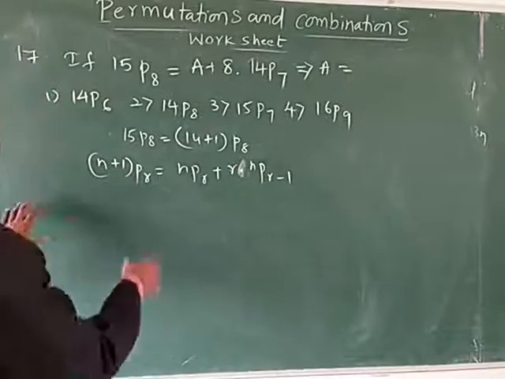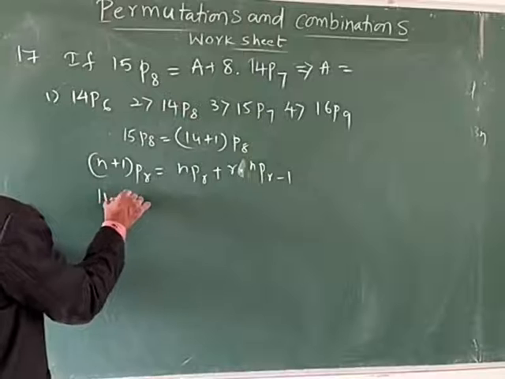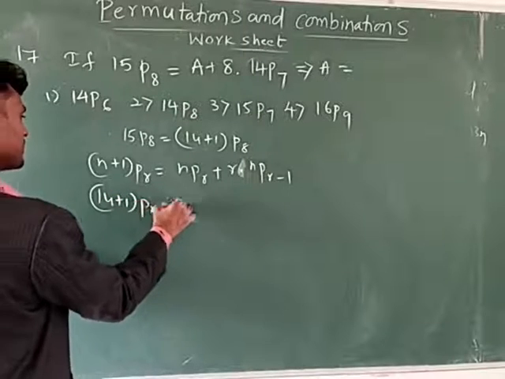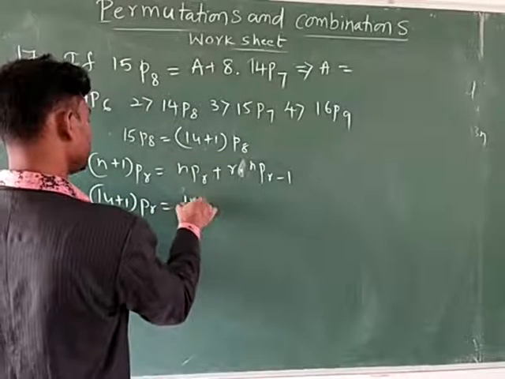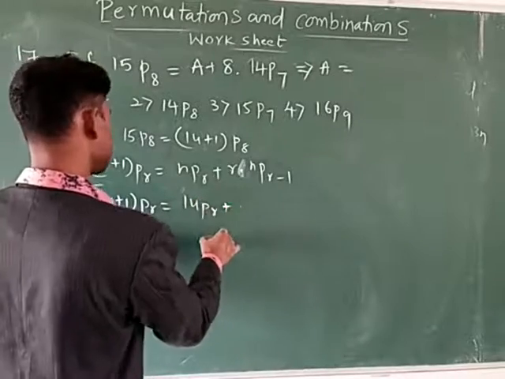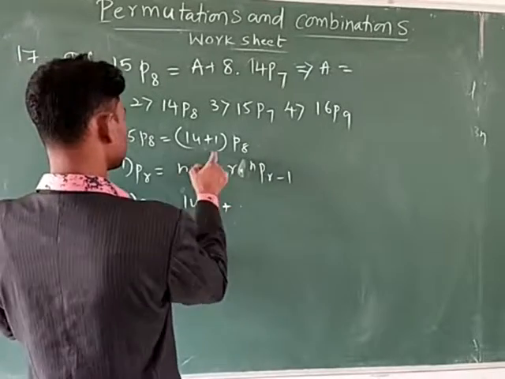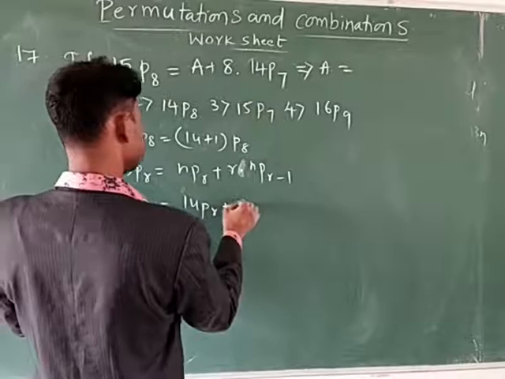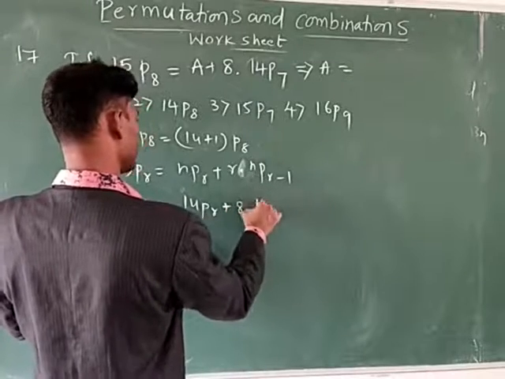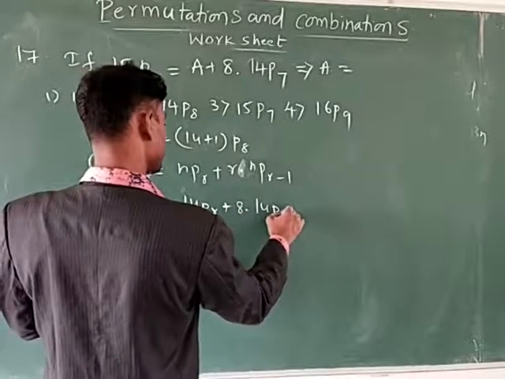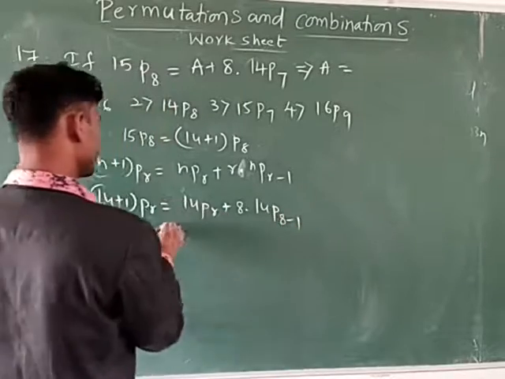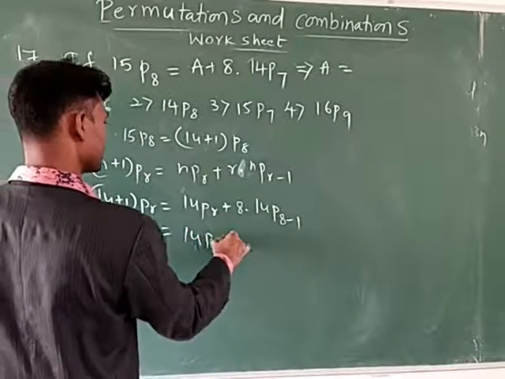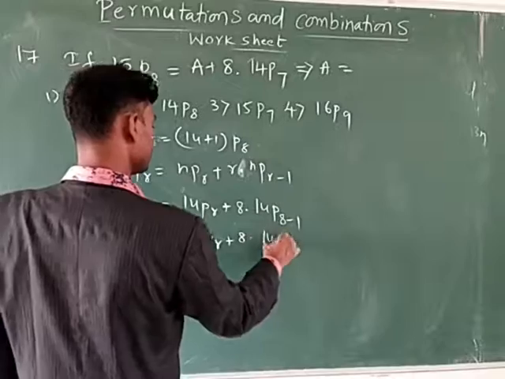Now (14 plus 1)Pr is written with n as 14: 14Pr plus r into 14P(r minus 1), with r as 8. Again, rewrite as 14P8 plus 8 into 14P7.